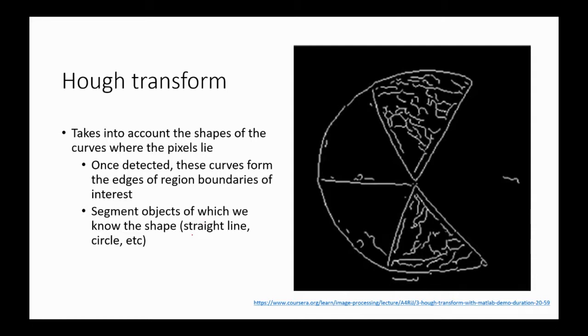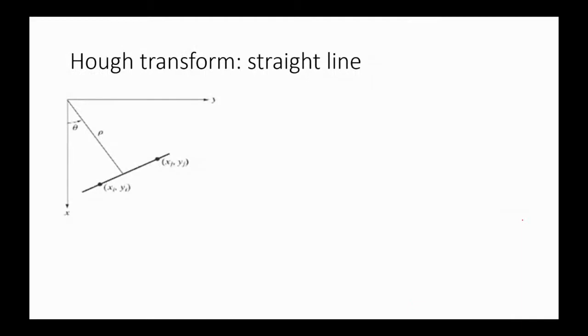It can be used to segment straight lines, circles, or any parameterized curve. In particular, this guy here gives a wonderful explanation of the Hough transform. That's on the Coursera image processing course, and this image was taken from that.